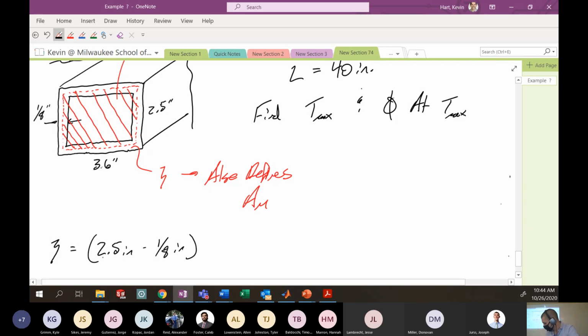I add to that the same thing on the next side length, this little piece here, and all of this gets multiplied by 2. This gives me my full perimeter, which will be 11.7 inches.